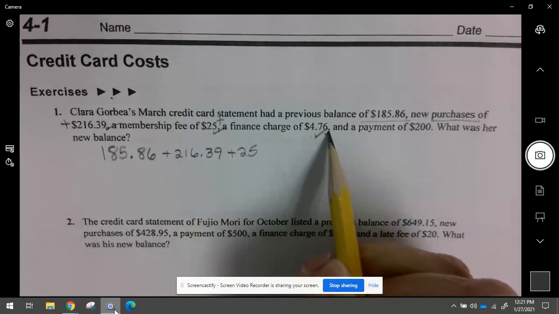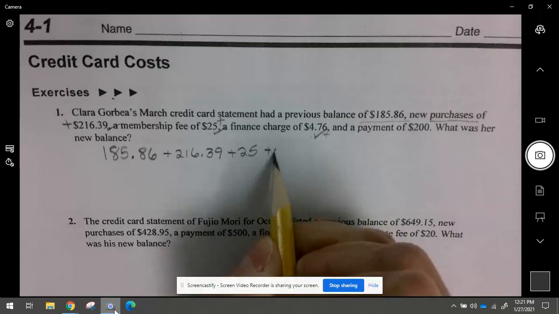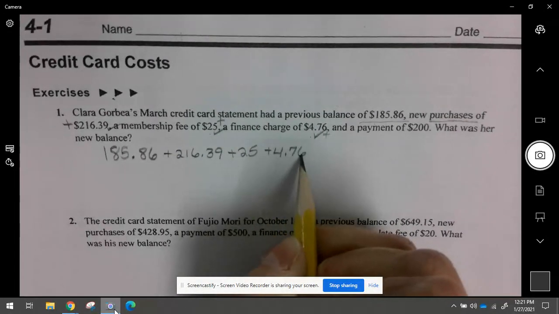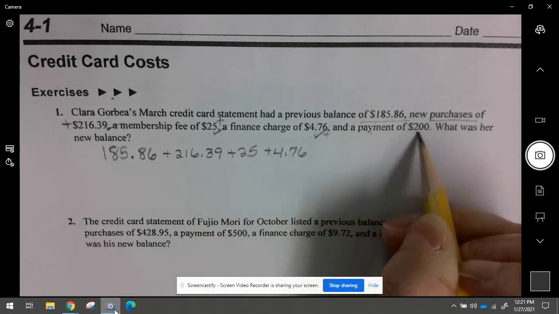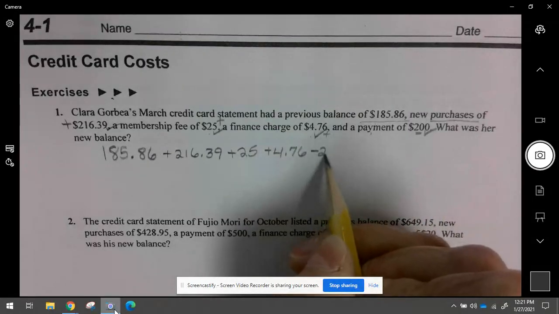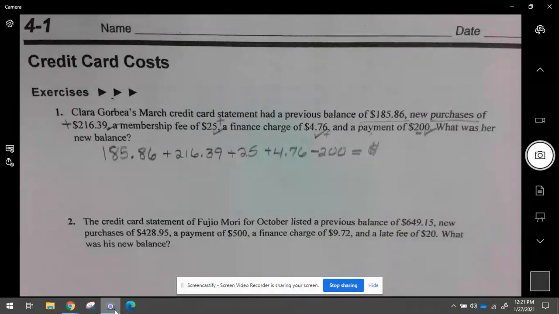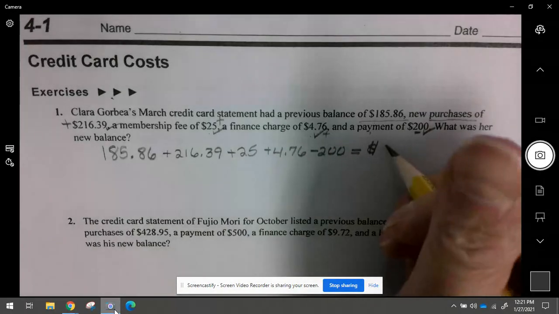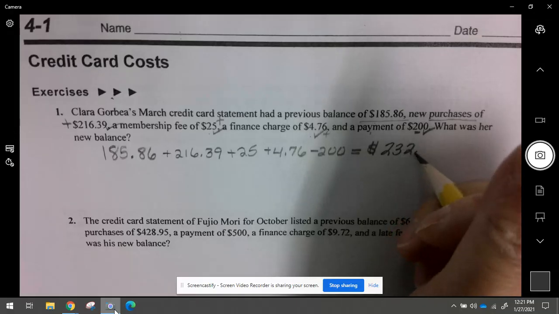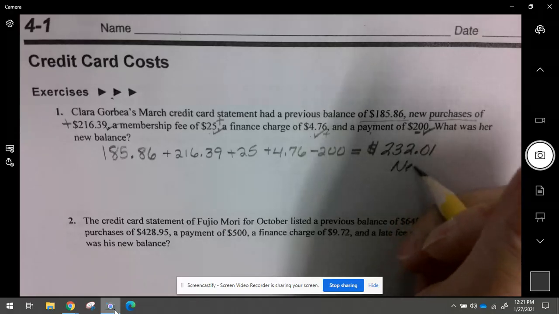A finance charge. That's also an addition. $4.76. And then finally she had a payment. Payments are subtractions. We're going to subtract off $200 to get her new balance. And when we type that all on our calculator, we get $232.01. New balance.